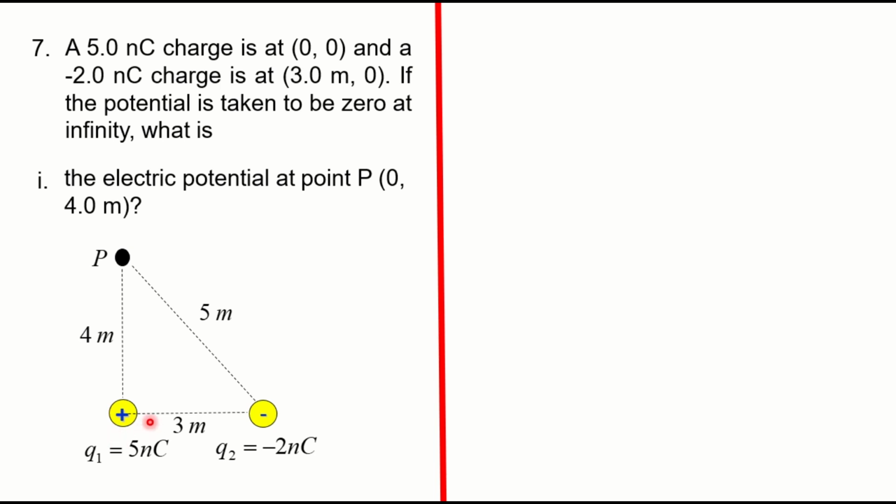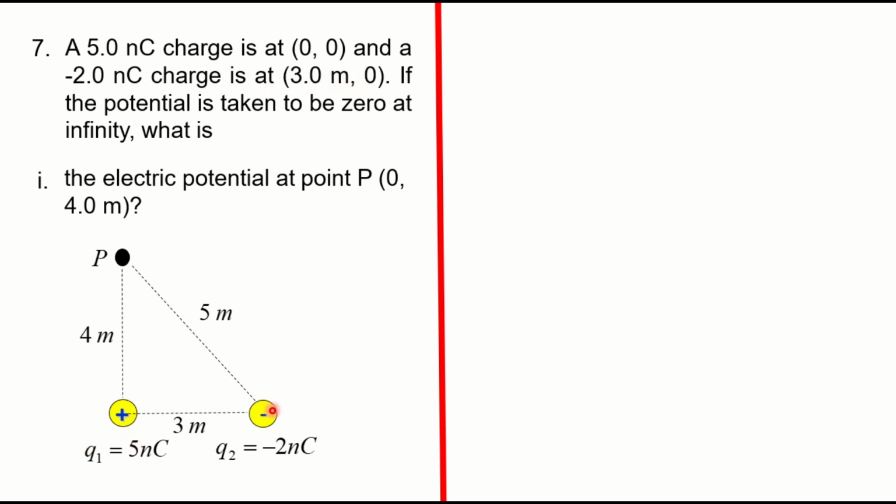The first charge, Q1, is 5 nanocoulomb, and it's at 0, 0. And the negative 2.0 nanocoulomb charge is at 3, 0. That means the y coordinate is still 0 and the x coordinate is 3.